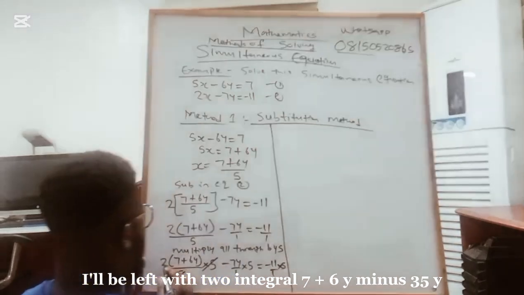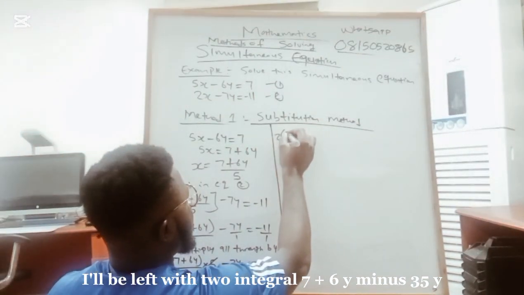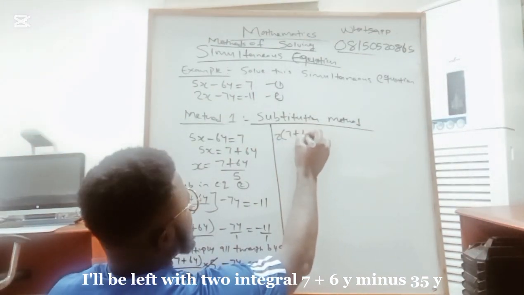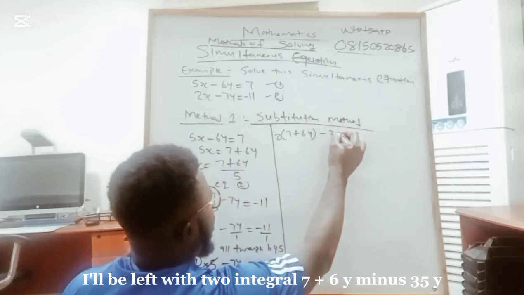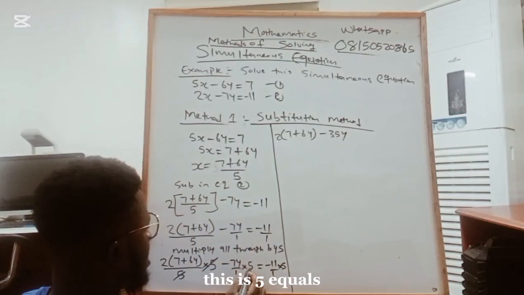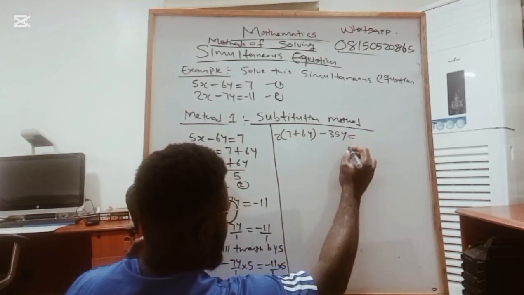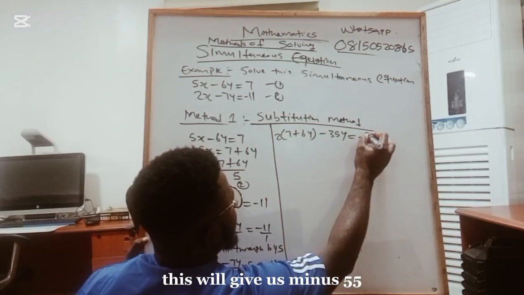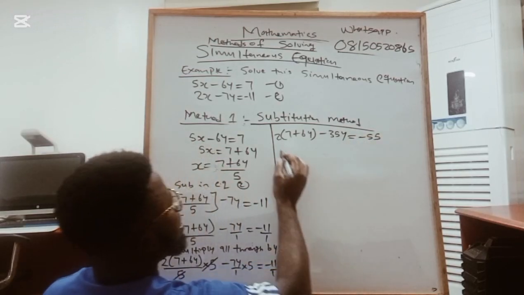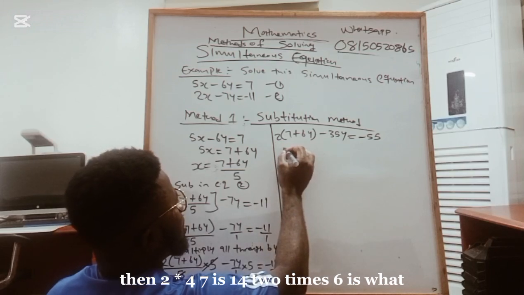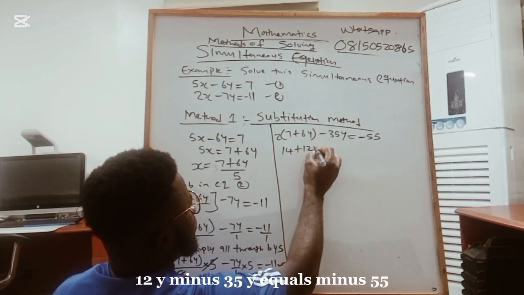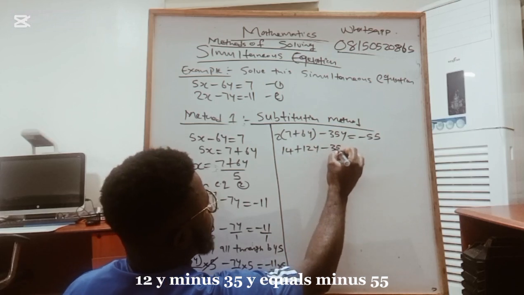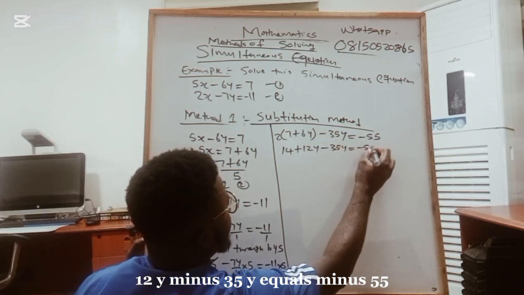I will be left with 2 into bracket 7 plus 6y minus 35y equals minus 55. Then 2 times 7 is 14. 2 times 6 is 12y, minus 35y equals minus 55.